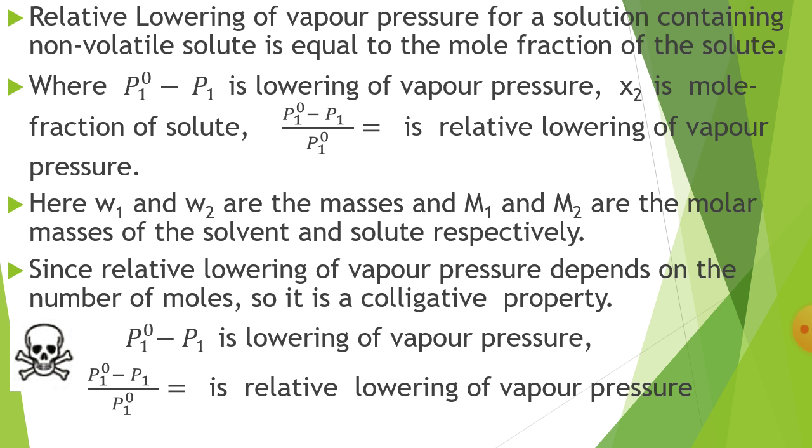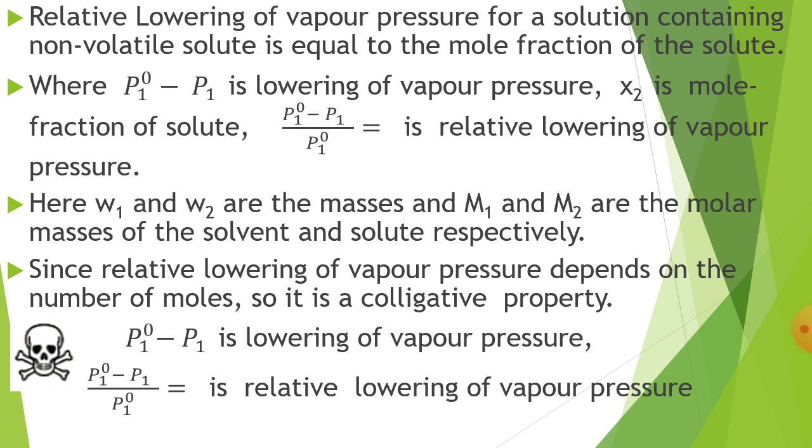The lowering is related to the pure component, that's why it is called relative lowering of vapor pressure. Here W1 and W2 are the masses, and M1 and M2 are the molar masses of solvent and solute, 1 for solvent, 2 for solute respectively.